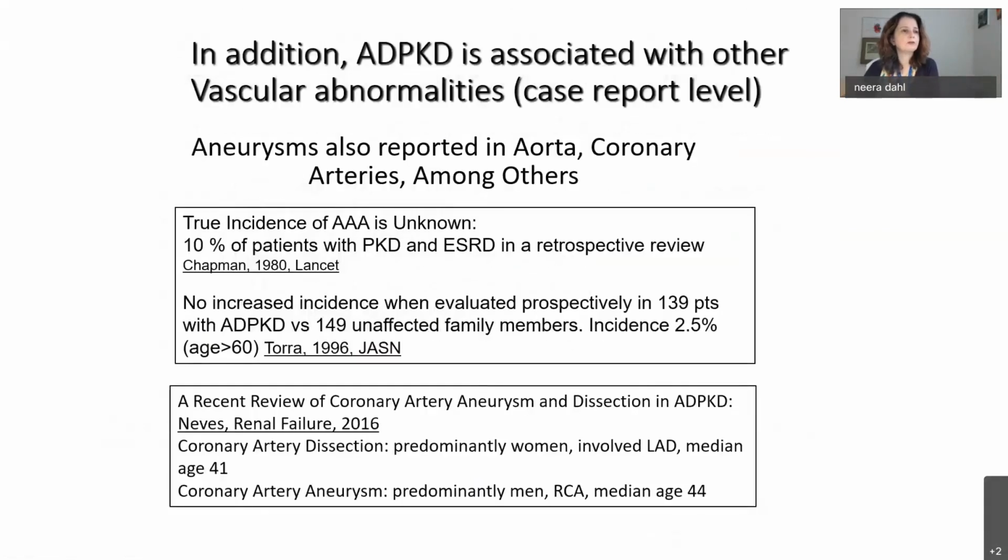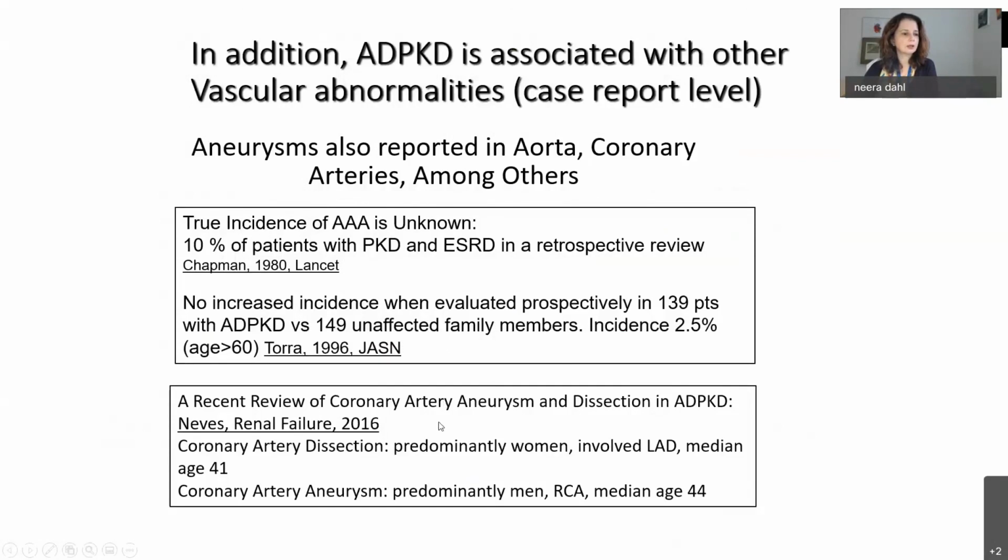And there are other vascular abnormalities associated with ADPKD. So there's this question of whether aortic aneurysms are associated with ADPKD, with a little bit of discrepancy. There's old data saying 10% of patients had an AAA, whereas in the more recent look at that, they didn't find an increased incidence with ADPKD.